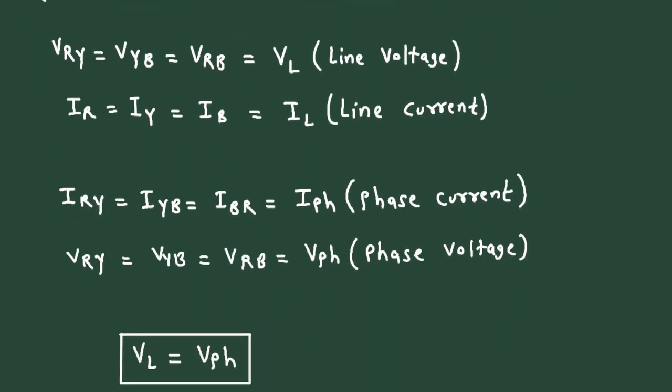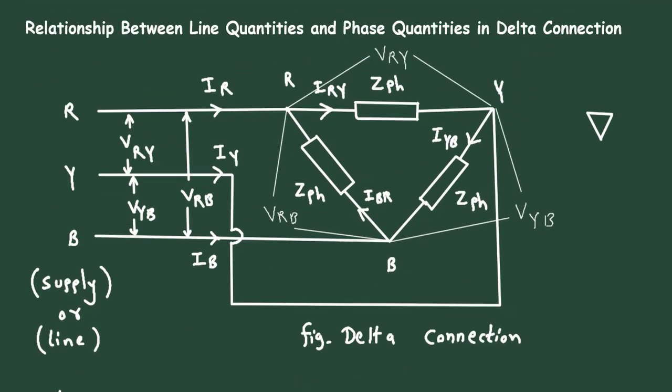Then next is phase voltages and phase currents. Now here we can see between R and Y, this current is IRY. Between Y and B, this current is IYB, and the current between B and R is IBR.